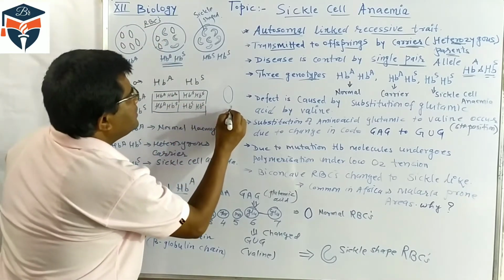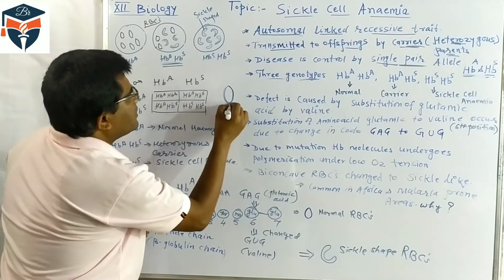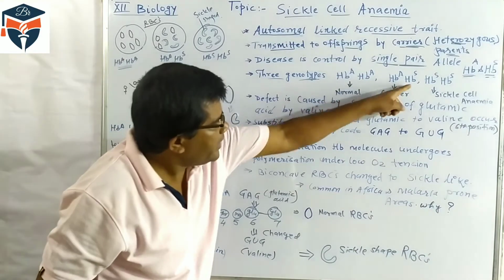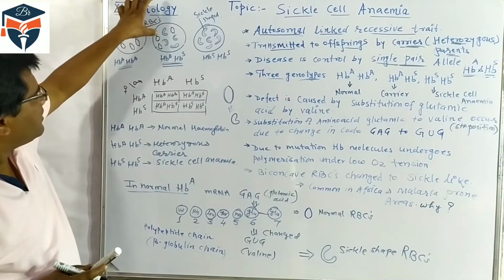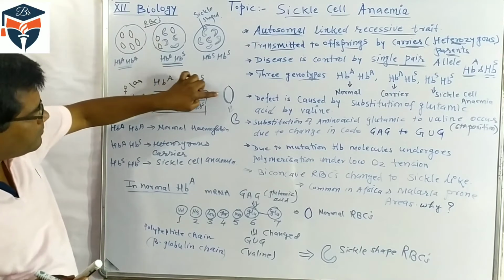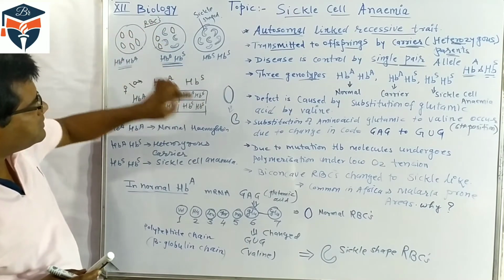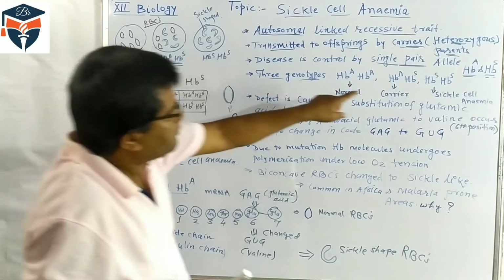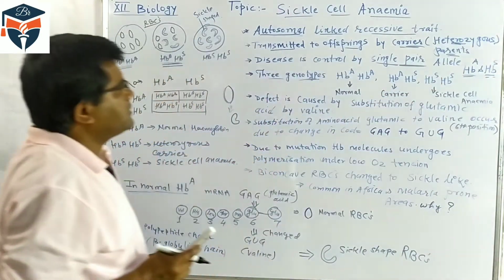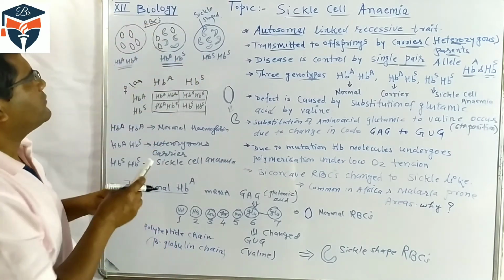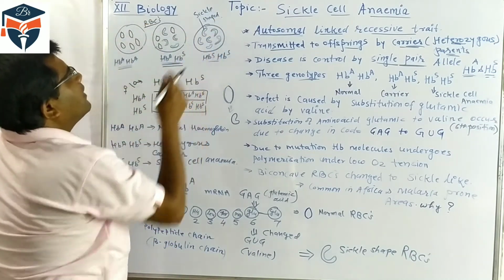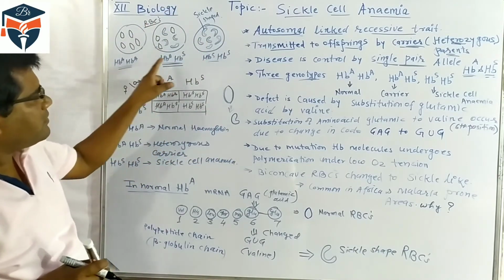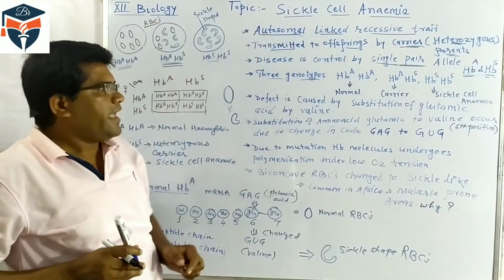As I told you, the biconcave structure changes into the sickle shape. So in the carrier person with HbA HbS, some RBCs are normal biconcave and some are sickle cell RBCs. But the third one, genotype HbS HbS, is sickle cell anemia; this type of person has all RBCs as sickle cells. So these are the three genotypes in sickle cell anemia.